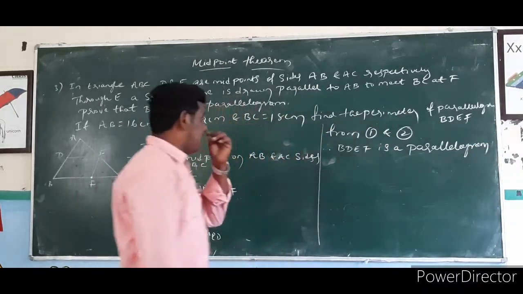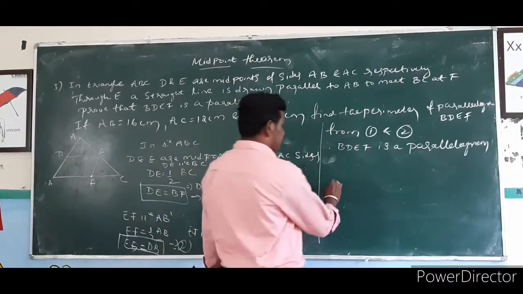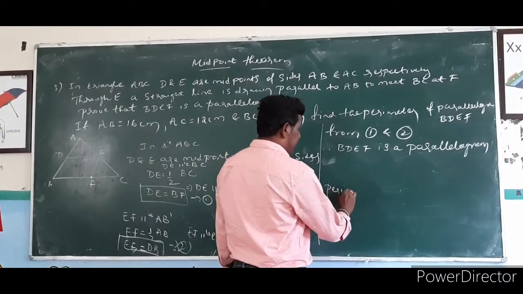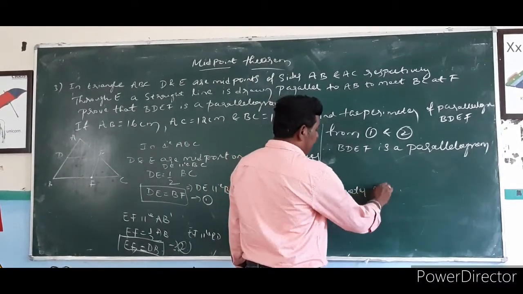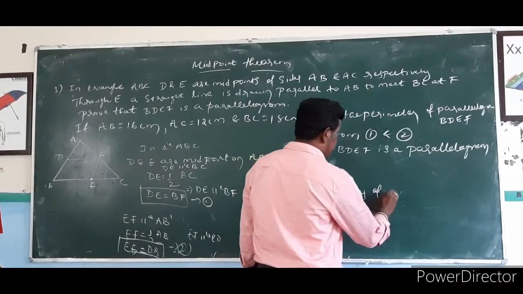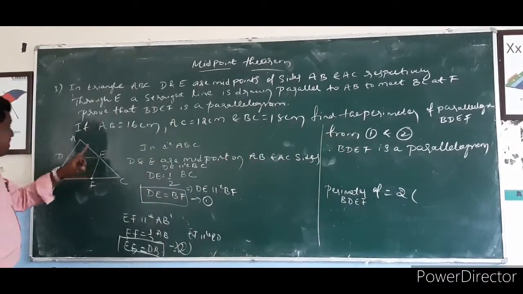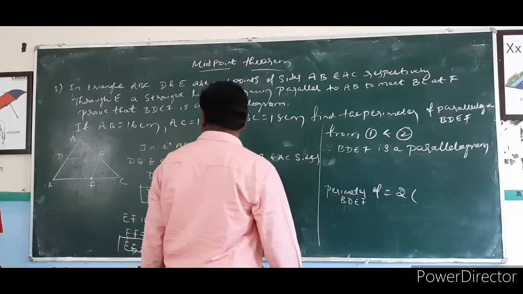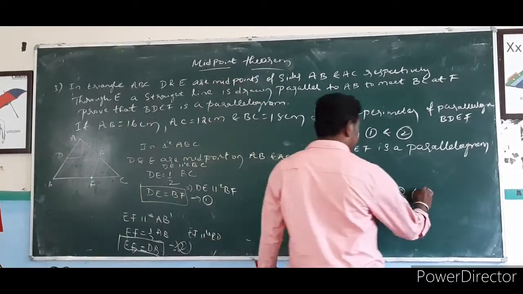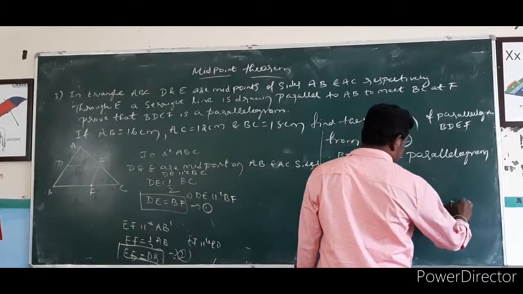Next we have to find the perimeter of the parallelogram. The perimeter of BDEF is equal to 2 times (DE plus EF), or any adjacent sides we can take.